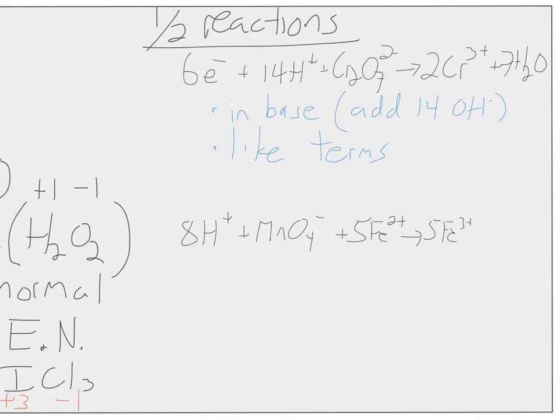I'm going to run out of room. 2 plus, all right, let's get this on there. Plus 4 H2Os. Okay, so they give you this reaction. The electrons aren't there because they're already canceled out, so you get to figure out how many electrons are being balanced in this reaction.